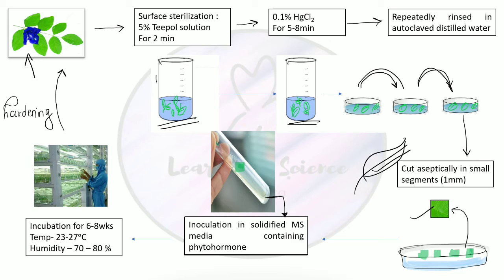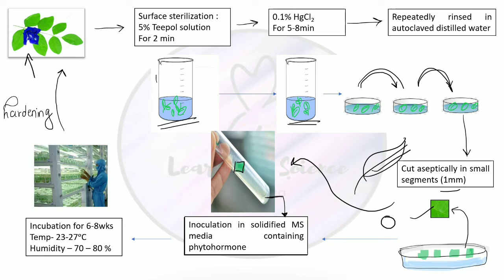If you inoculate this using sterile forceps into the media, you can see every edge of the leaf material is wounded. What will happen? The phytohormones present in the media will give us a strong response. Therefore, you can cut it either in square shape around 1 mm in size, or in circle form as well.